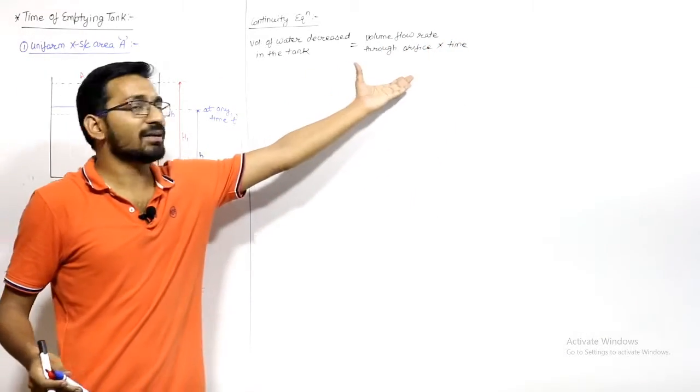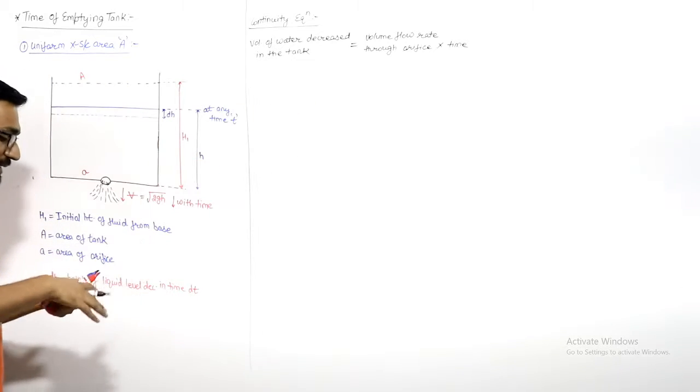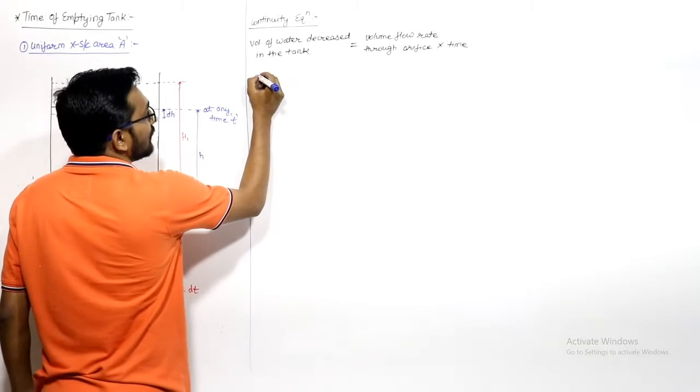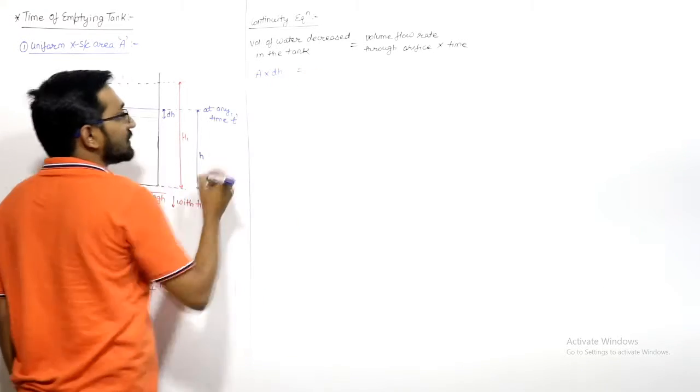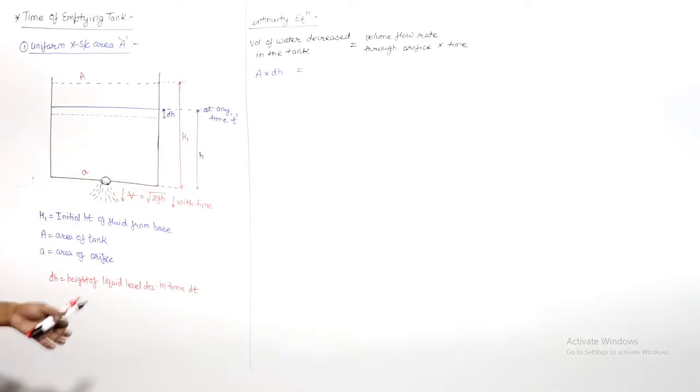Here I take volume, so here the unit will be volume only. So how much is the volume decreased in the tank? The volume will be area into how much the height is decreased, dh. This is the volume of the water decreased in the tank for time dt.